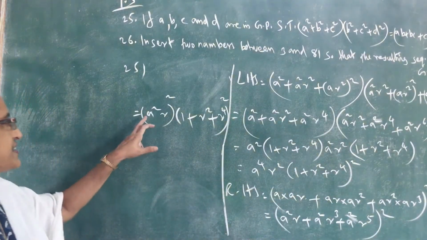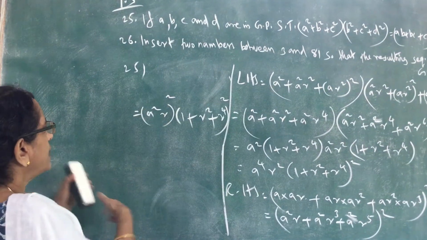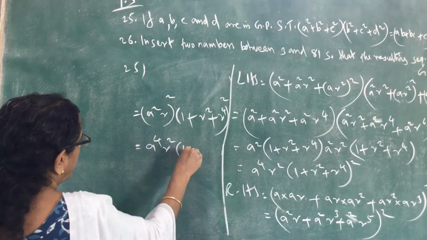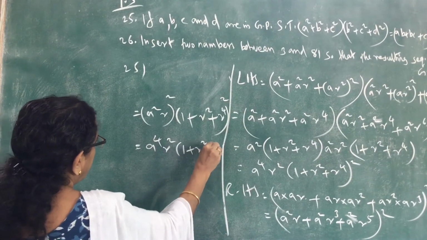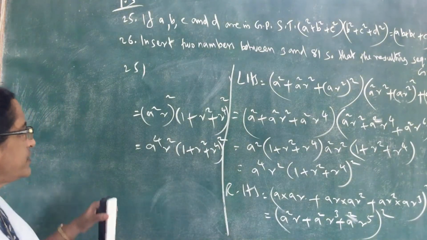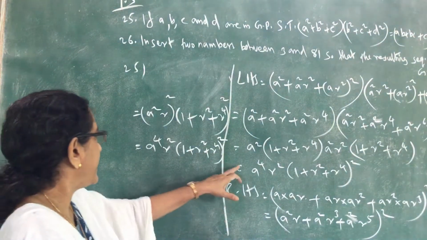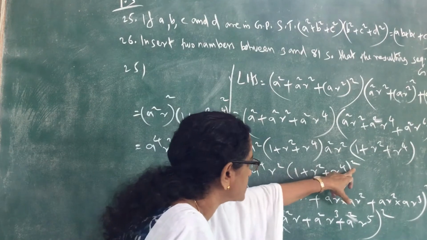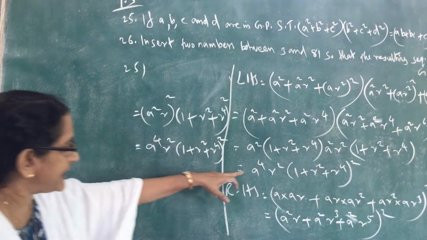So we got a square r whole square, that is the same as a raised to 4 r square into 1 plus r square plus r raised to 4, whole square. Now this is RHS. What is LHS? A raised to 4 r square into 1 plus r square plus r raised to 4, whole square. That is LHS.